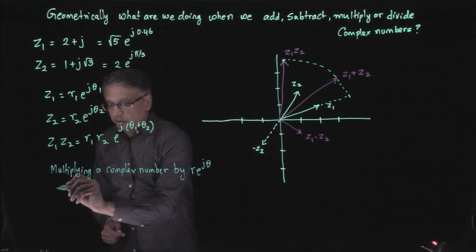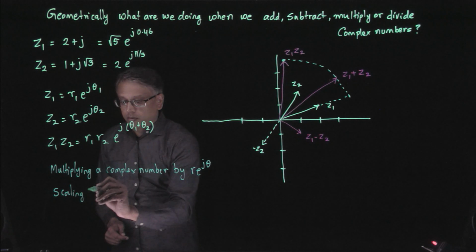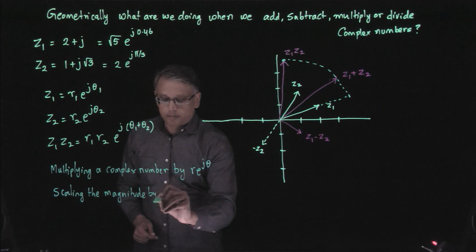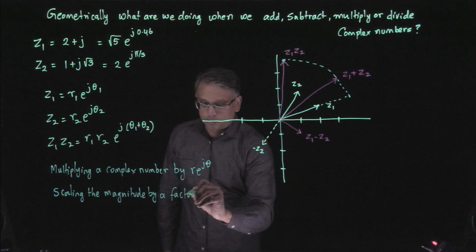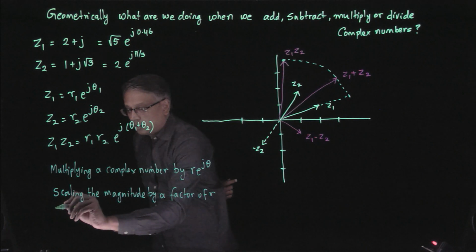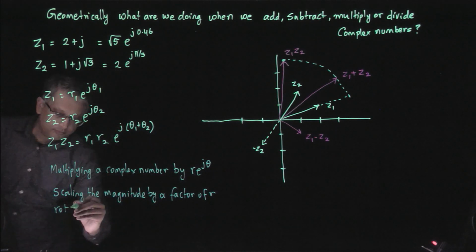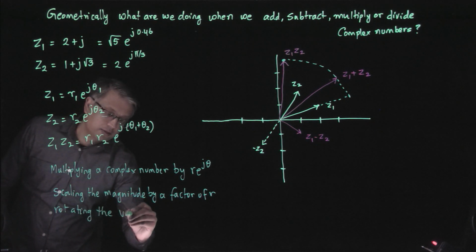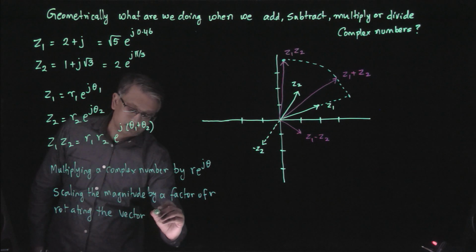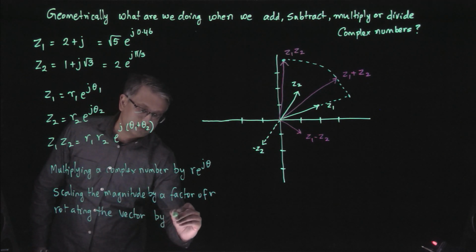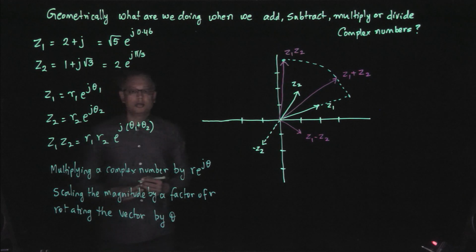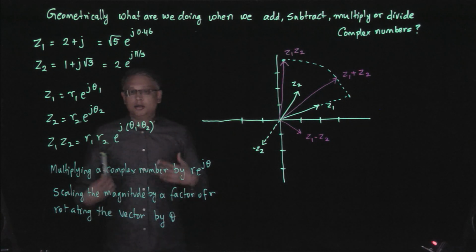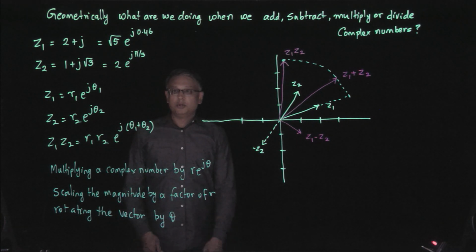It's scaling the magnitude by r and rotating the vector, or increasing the angle by theta.